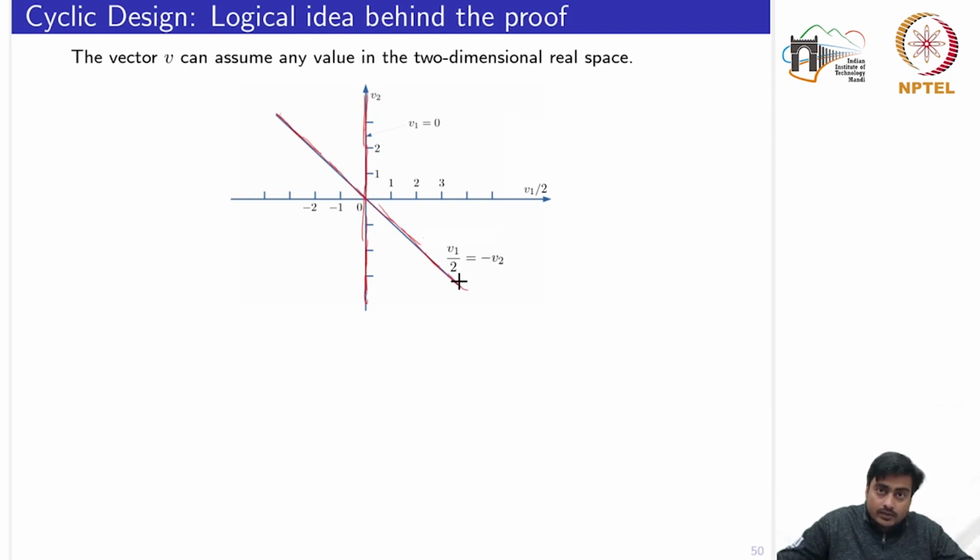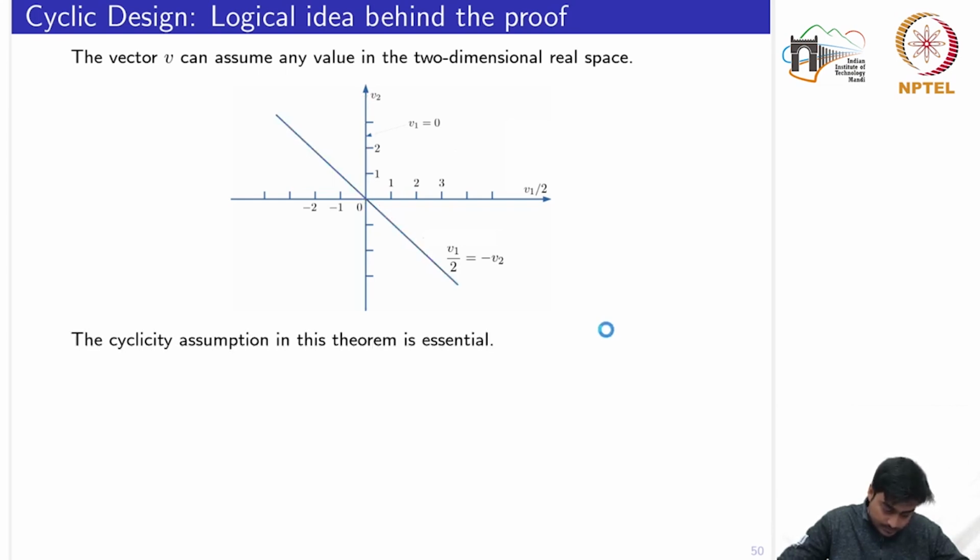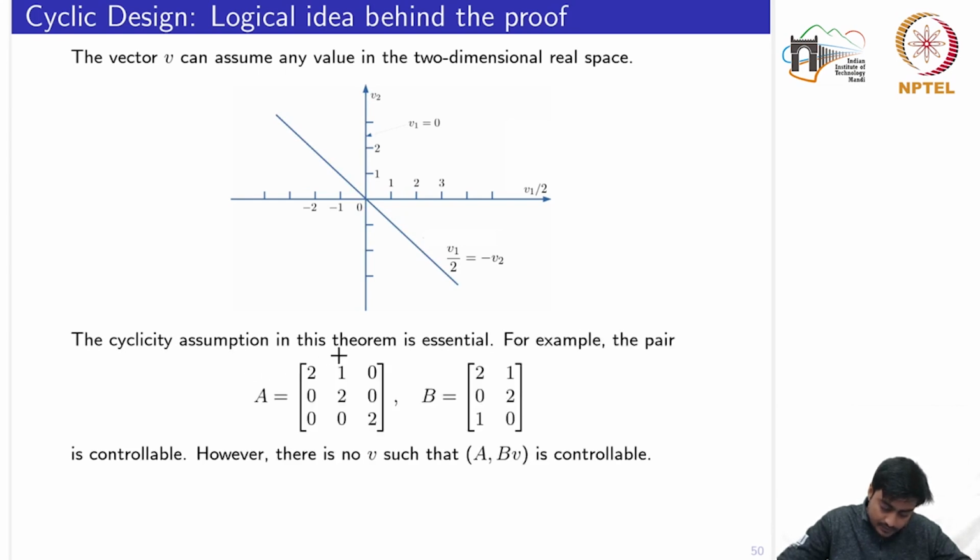Now if V lies elsewhere in this two-dimensional space, then it is guaranteed that the pair A comma B times V is controllable. So these are the rare chances. The cyclicity assumption is essential in this theorem.